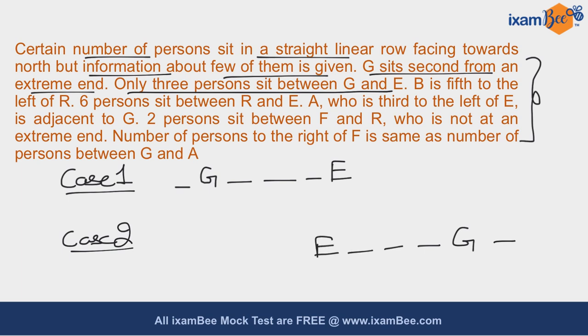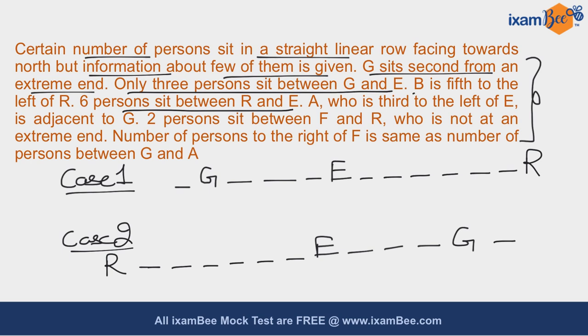Now it is given that 6 persons sit between R and E. So accordingly you can draw your diagram. You have to place 6 persons between R and E. So here is your R, and in second case you have to place 6 persons between your R and E. So this is your second case.